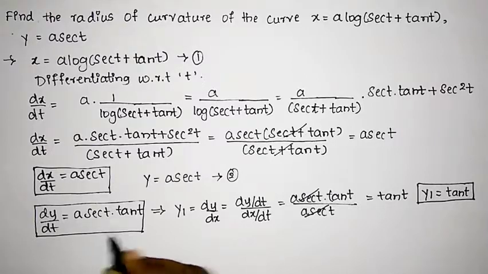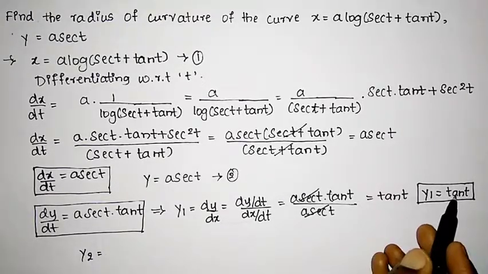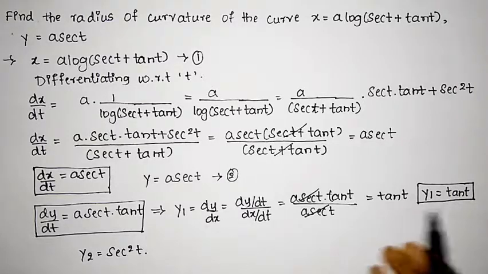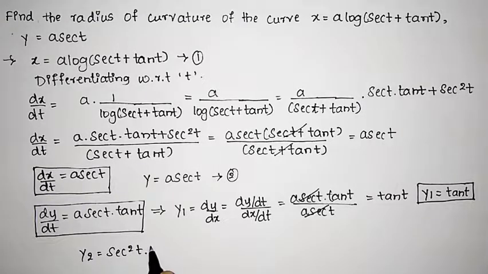So the differentiation of y1 will be y2, which is equal to the differentiation of tan t, which is sec square t. So sec square t into the derivative of tan t, and we need to differentiate it with respect to t, so it will be dt upon dx.